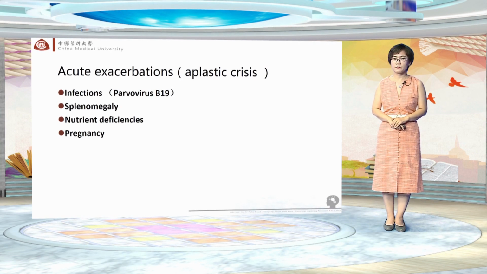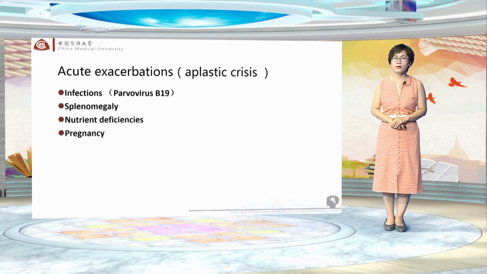Conditions that increase the size of the spleen, such as infectious mononucleosis, may cause increased splenic pooling of red blood cells and increased hemolysis. Individuals who develop folate, vitamin B12, or iron deficiency may be unable to produce sufficient red blood cells to compensate for those lost by hemolysis, and thus develop acute exacerbations.